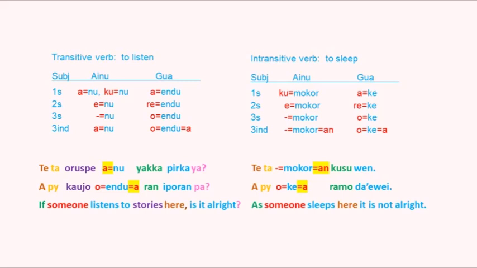In Guarani, it is always a suffix, a, and in Ainu, it's the suffix an for intransitive verbs and the prefix a for transitive verbs. As we saw in part 1, the focus of this video is to compare the verb structure for the first, second, and third person singular, plus all the affixes that can be attached to them.